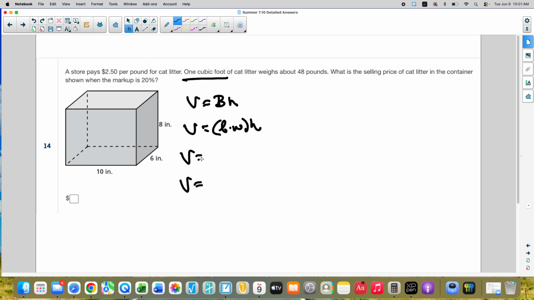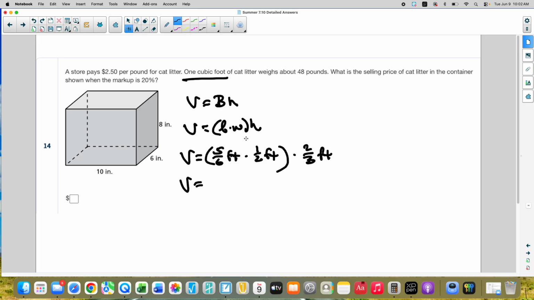So they leave the best one for last. So 10 inches is going to be 5/6 of a foot, times 1/2 of a foot, times 4/6, which is 2/3 of a foot. 2/3 of a foot.